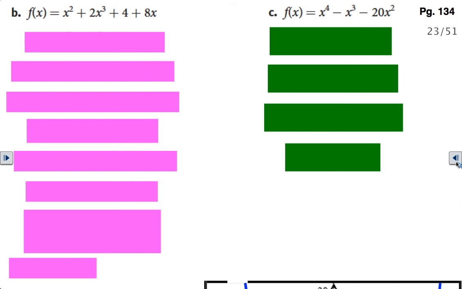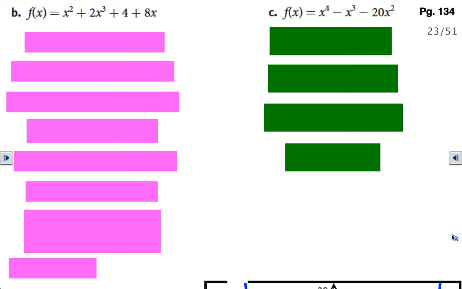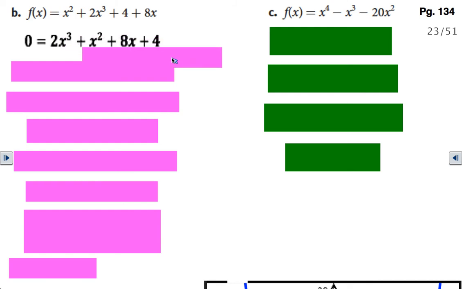Let's look at this. All right, page 134. I'm trying to remember what problem this is. What are we doing?